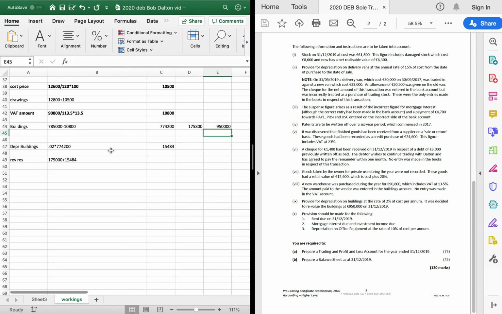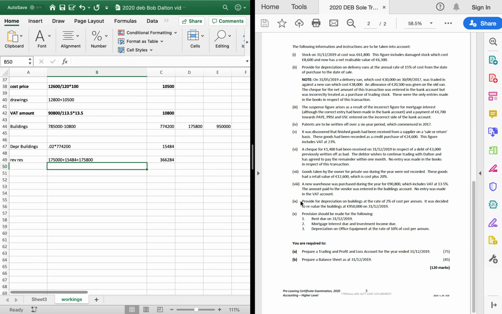So therefore, in the revaluation reserve, we add on that 175,800. So 15,484 plus 175,800 is 366,284. Doesn't seem right, but we'll go with that.